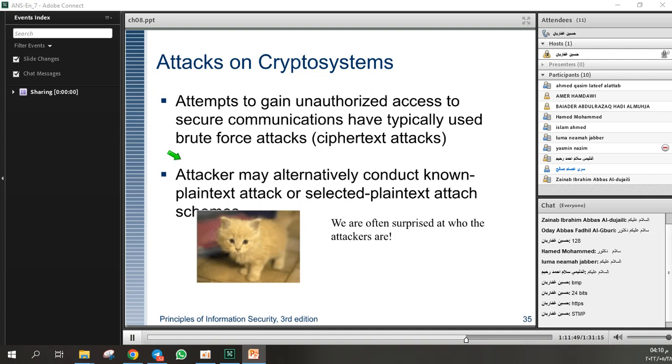Why? Because if I use strong keys, nobody can decrypt it. Nobody can break it.